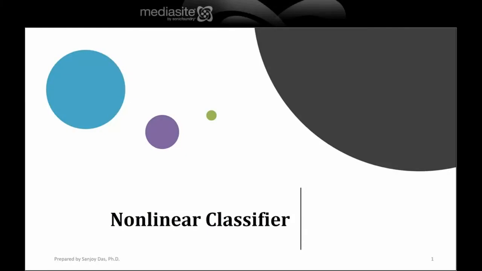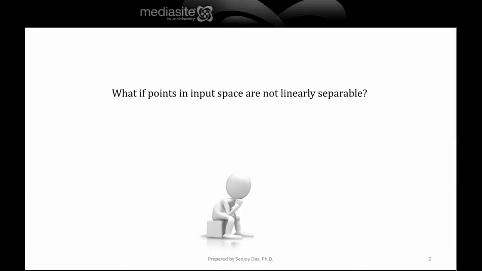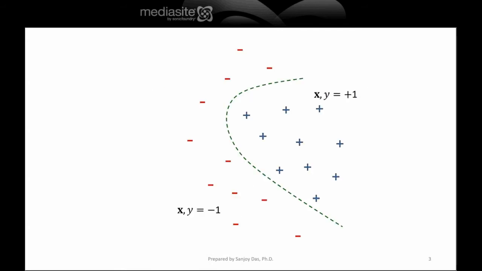This topic is nonlinear classifier, and we will see how we can make use of the optimal hyperplane classifier even in nonlinear space. So we have an input space, and the points in the input space are not linearly separable, like this.